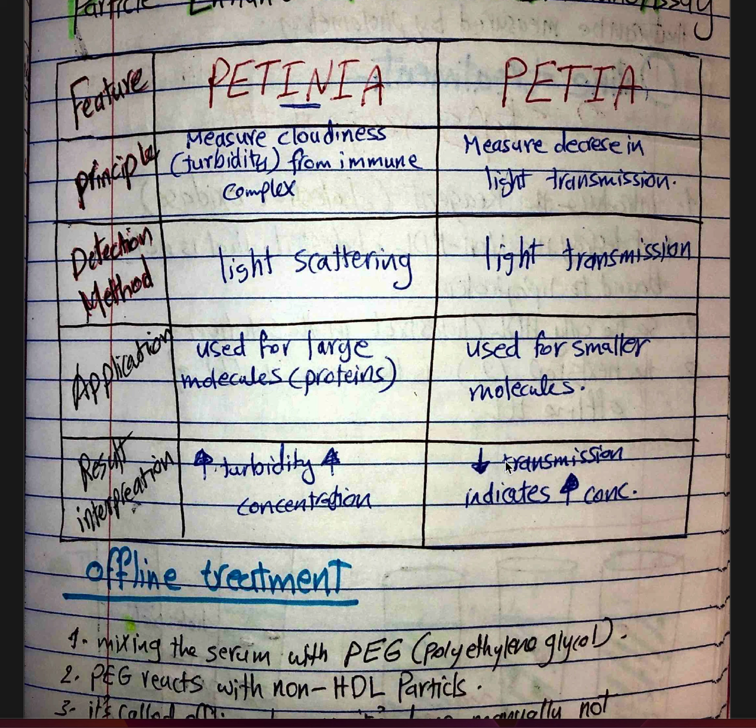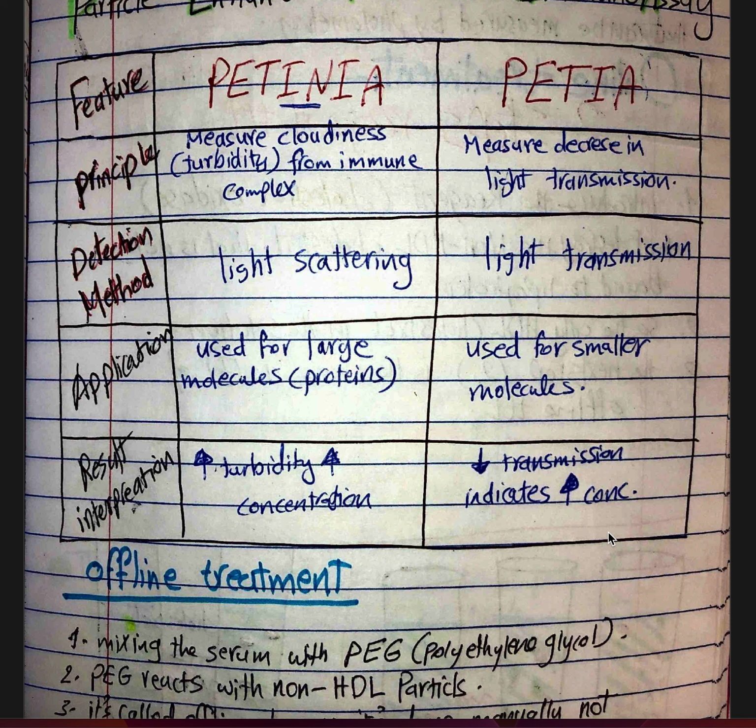If there is a decrease in the transmission, exactly that means an increase in the concentration. Because if you understand the idea behind this, you can understand why a decrease in the transmission indicates more concentration. Because we have the particle here and there is light transmission through it. We said that it measures the light transmission, but actually it measures how the light is absorbed.